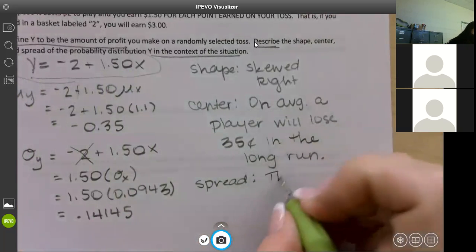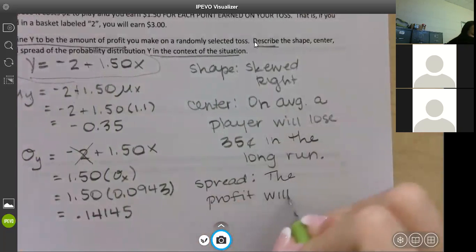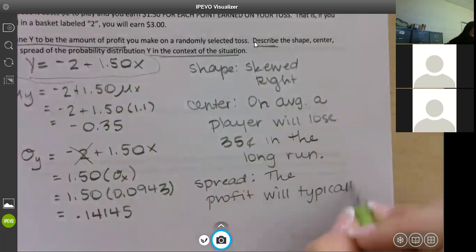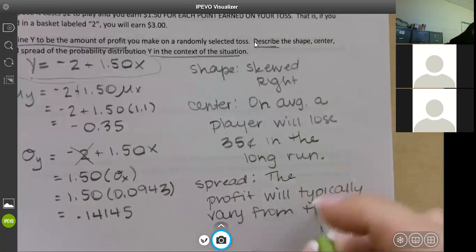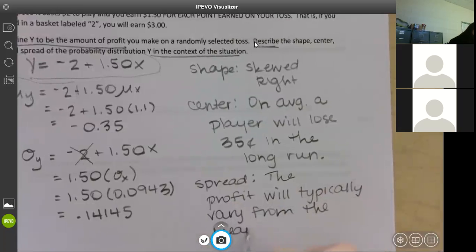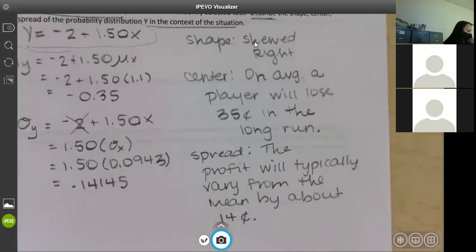So when you talk about the spread, the profit will typically vary from the mean by about 14 cents. Everybody good? All right, next one.